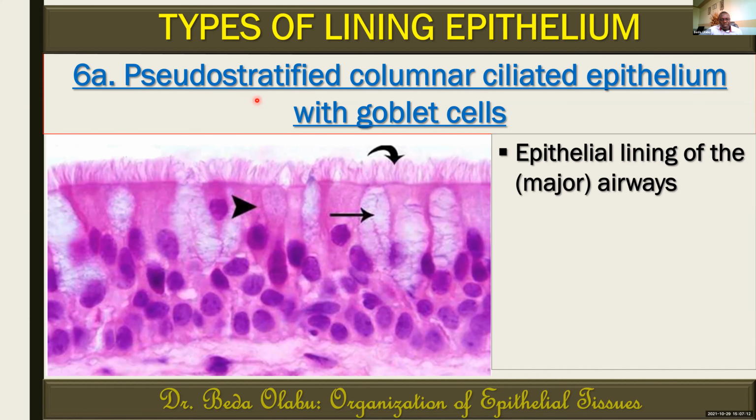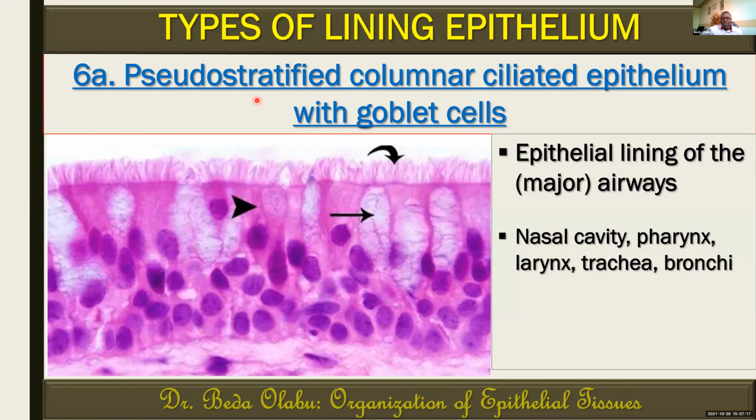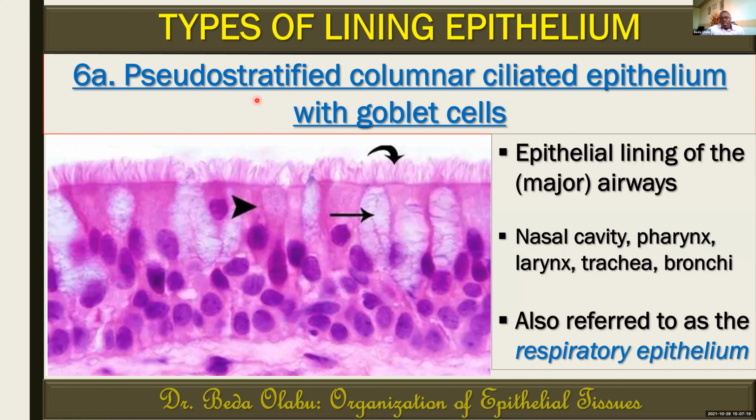Those are major airways. They're lined by this epithelium. Because this epithelium is unique to the respiratory tree, we also call it respiratory epithelium. That's the first variant of pseudostratified columnar epithelium.